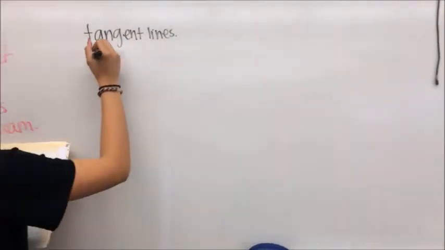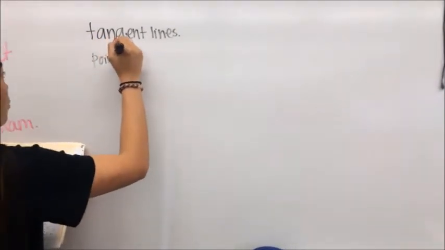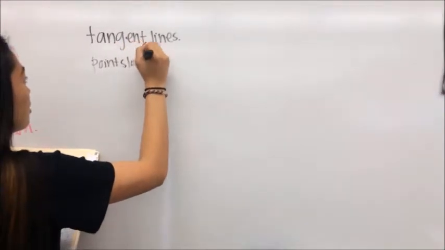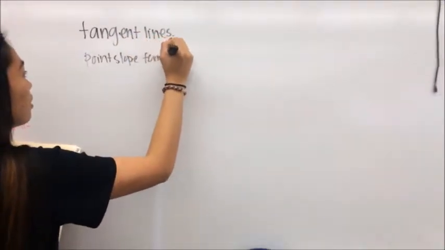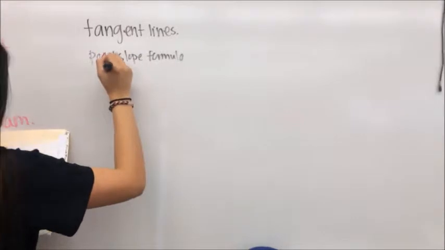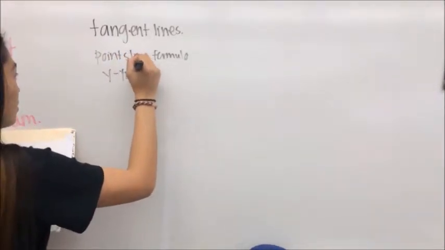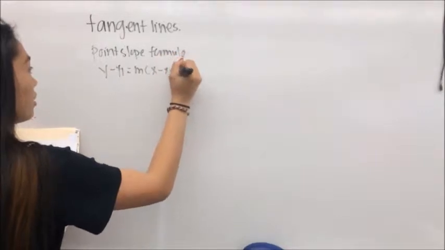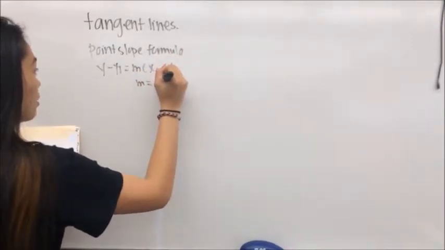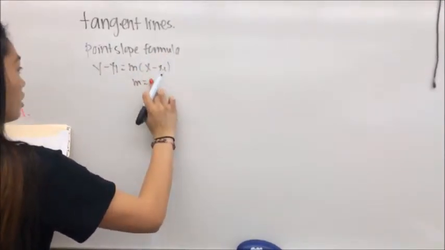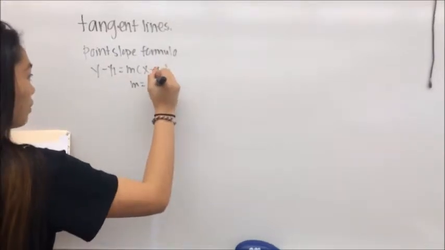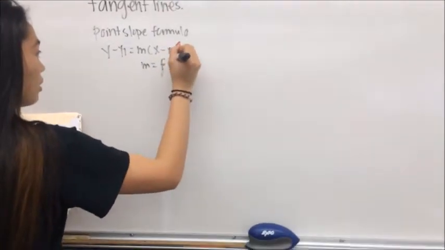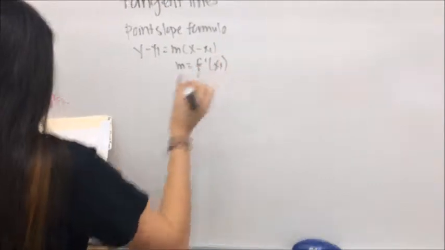So the point slope formula is y minus y1 equals m times x minus x1, m being the derivative of your x1.